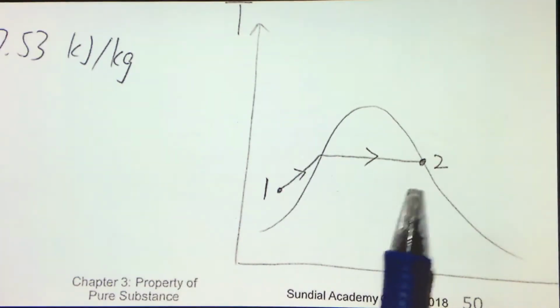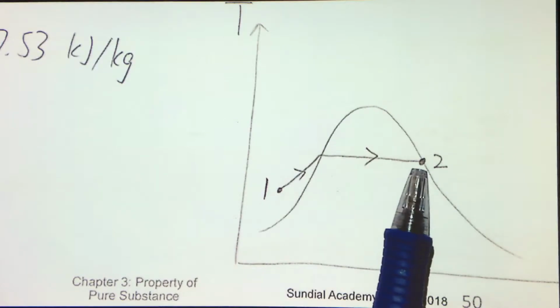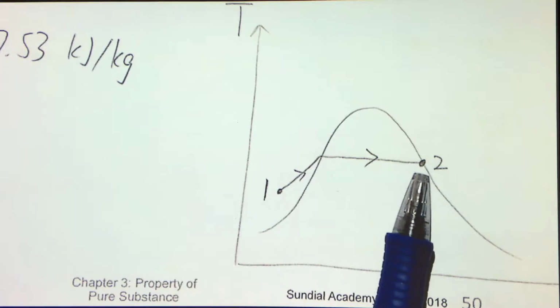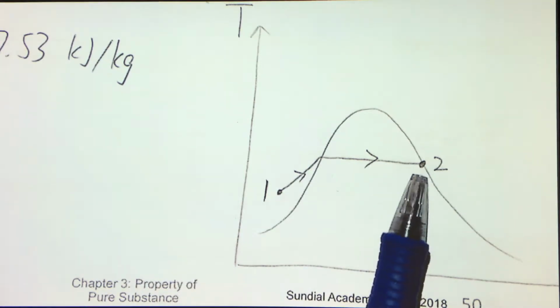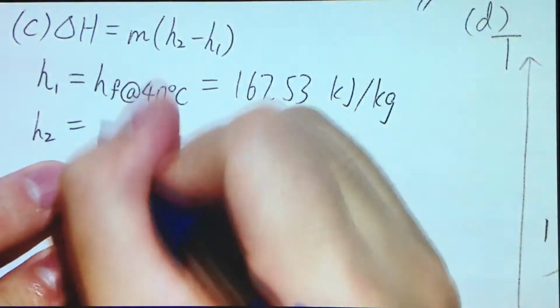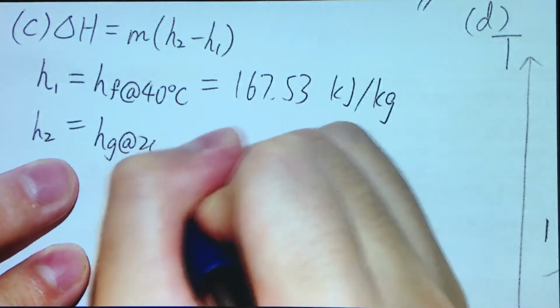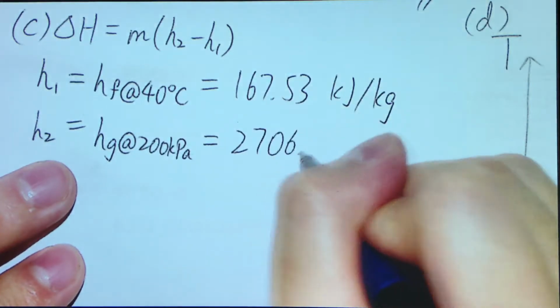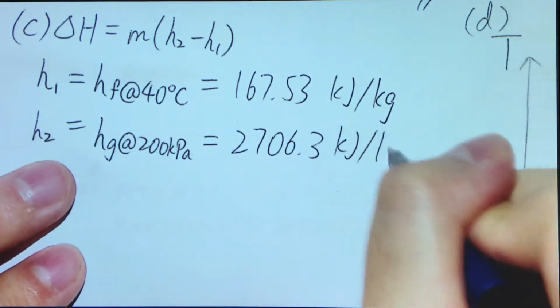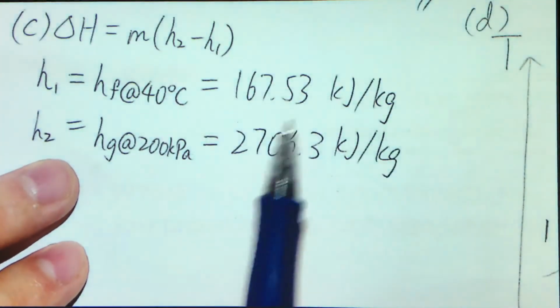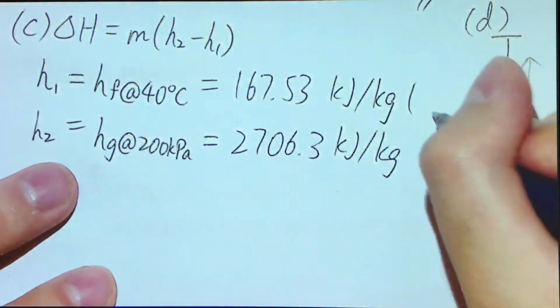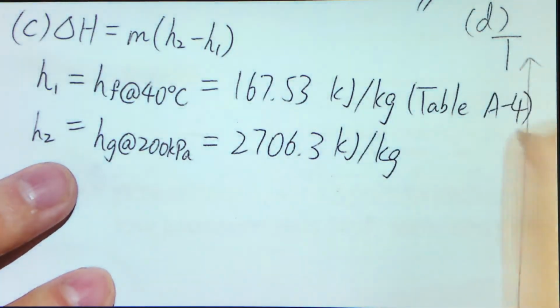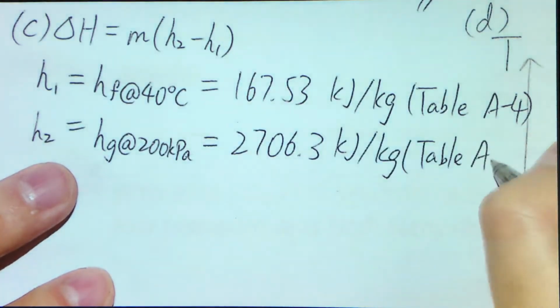If you see in this diagram, it lies on the saturated vapor line, and here it should be the enthalpy of the saturated vapor state at 200 kilopascal, because it's a constant pressure process. So Hg at 200 kilopascal is 2706.3 kilojoule per kg. You can find these two values directly. This one is from table A4, while this one is from table A5.